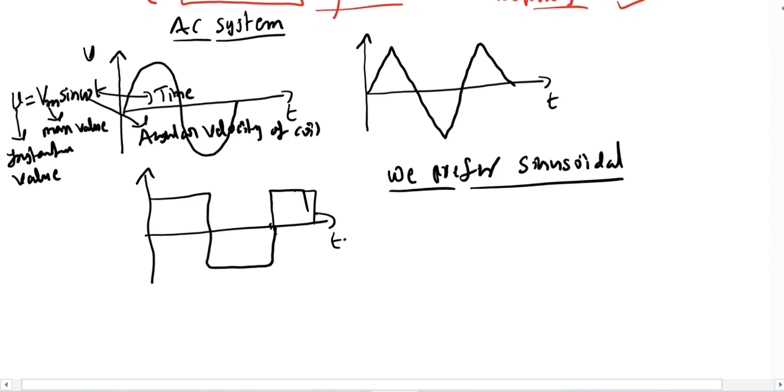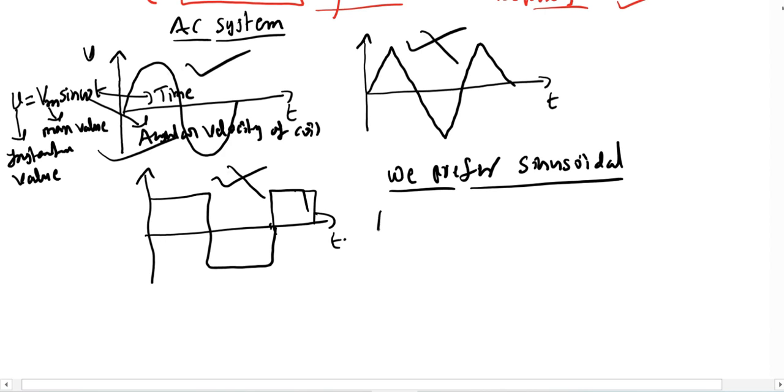So let me explain the advantages of using the sinusoidal signal instead of the triangular or trapezoidal wave. Why are we not going with these two waveforms, and only with the sinusoidal AC waveform? That is the point we need to understand.